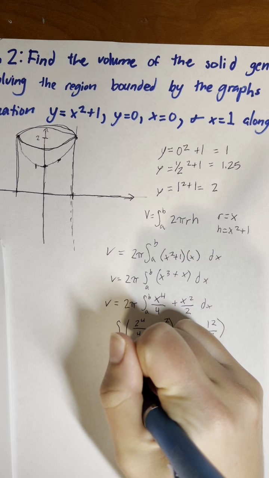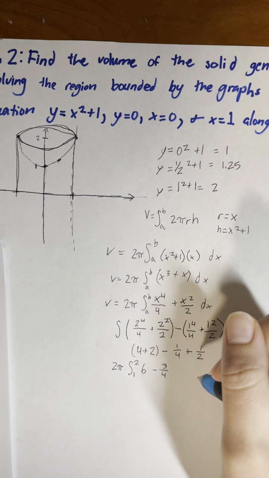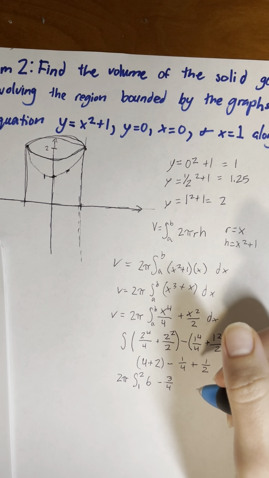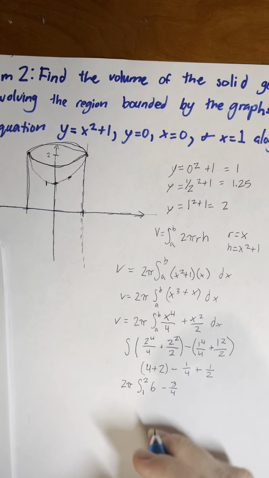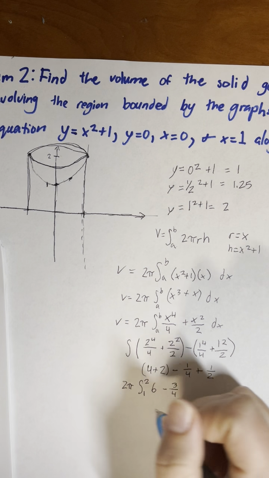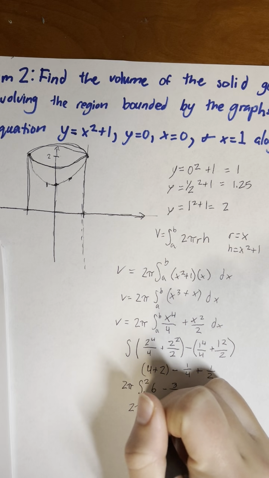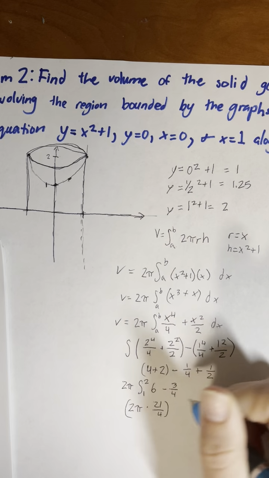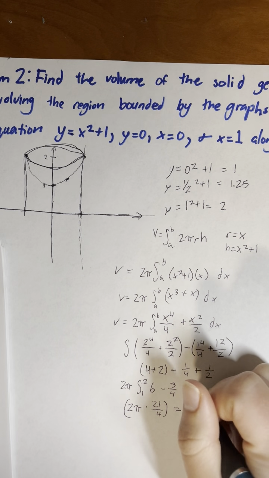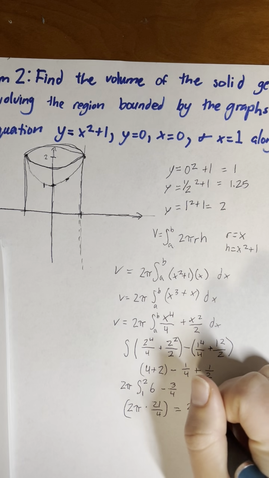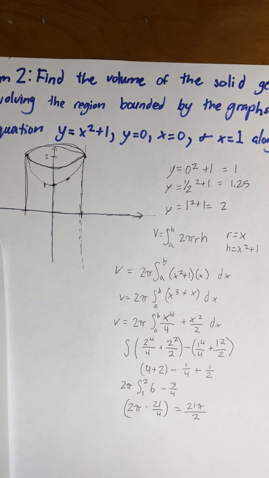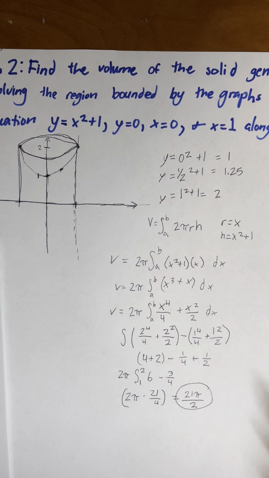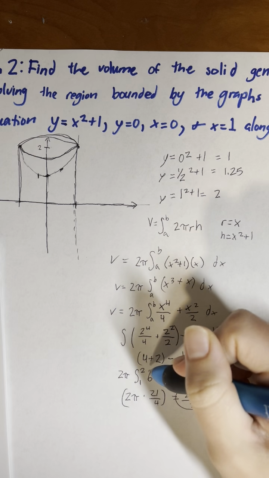And we still have our 2 pi on the outside. So we'll have 2 pi on the outside times 21 over 4. And we simplify that even more, we'll get 21 pi over 2, which will be our final answer. And the limits again are 1 to 2.